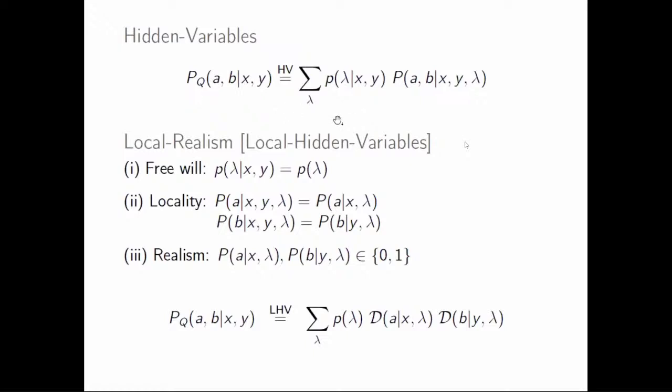In that case, if the hidden state lambda is known, then the more fine description of the outcomes would be the probability of getting outcome AB when the measurements are given and the hidden variable lambda is given.